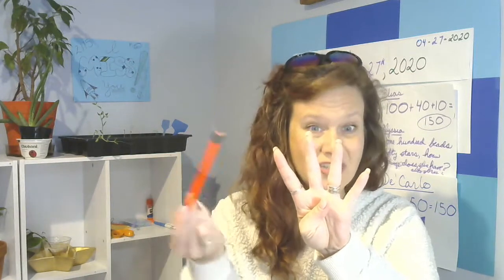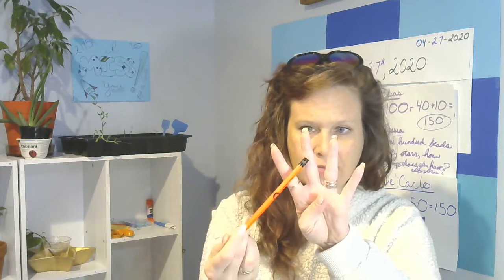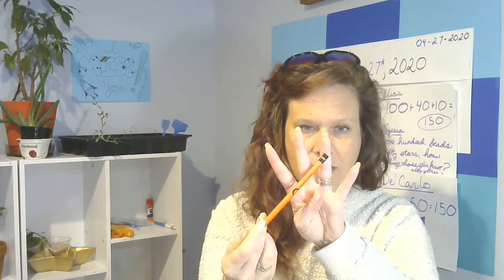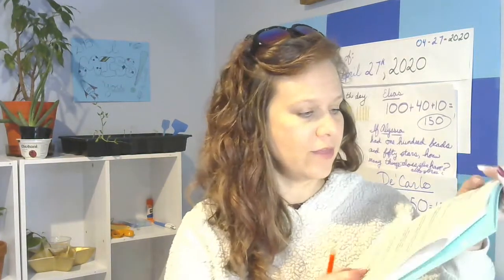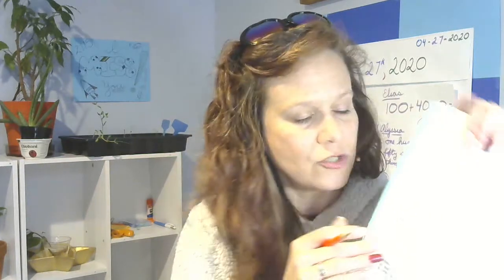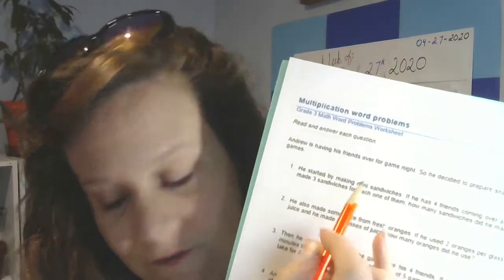And so what I did was I just said I got 3 one time, 3 2 times, 3 3 times, 3 4 times. That's 4 groups with 3 sandwiches in each one. So that was me just picturing it mentally in my mind, showing you a model with my fingers.